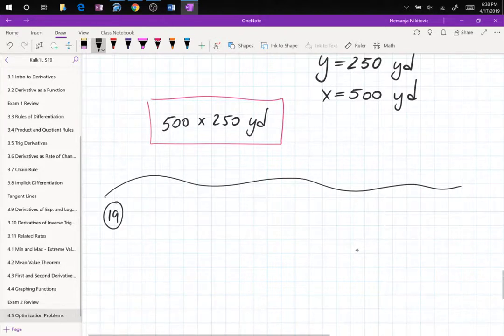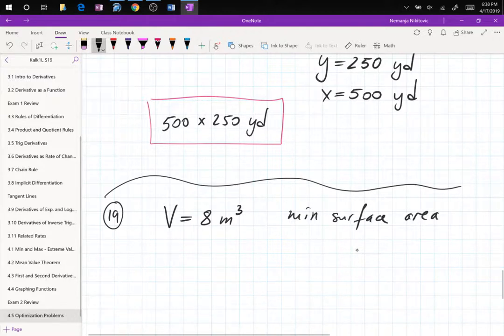So of all boxes with square base and the volume of 8 meters cubed, so volume V is 8 meters cubed, which one has the minimum surface area? So find dimensions of the box.